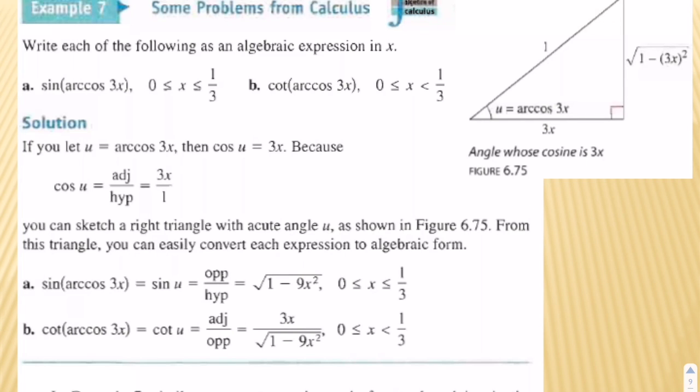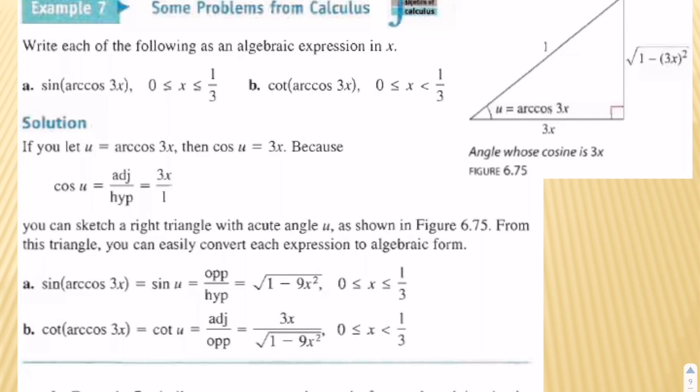So now when you're taking the cotangent, remember the cotangent is just the adjacent over the opposite. So if you look at the bottom of this example in its solution, B says the cotangent of the inverse cosine of 3x is the cotangent of that angle.